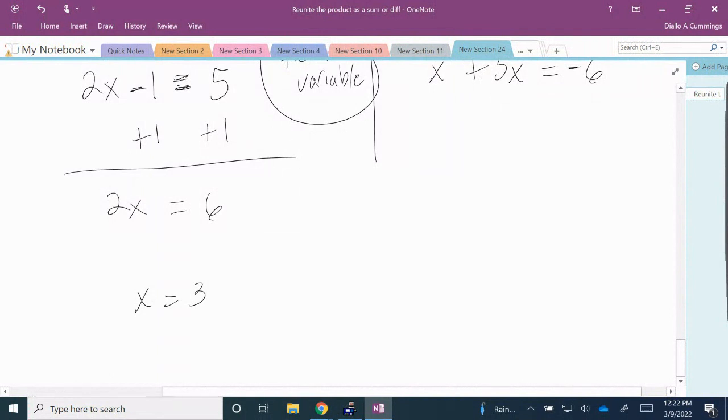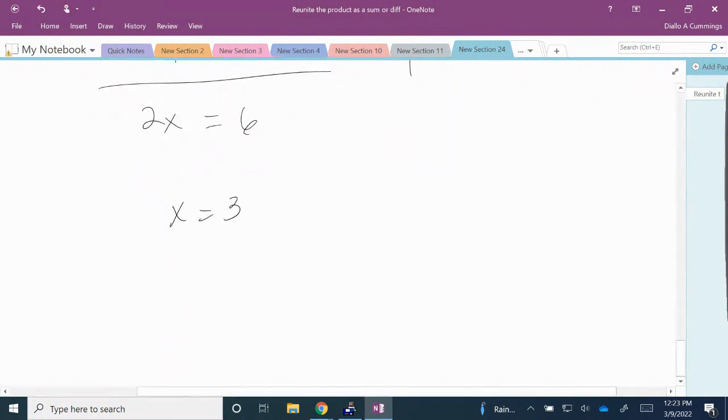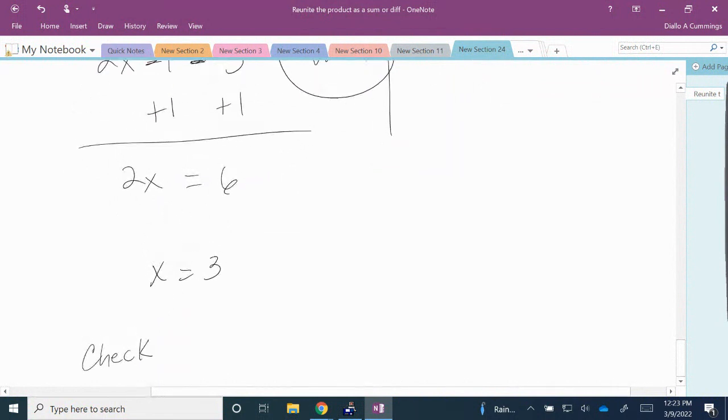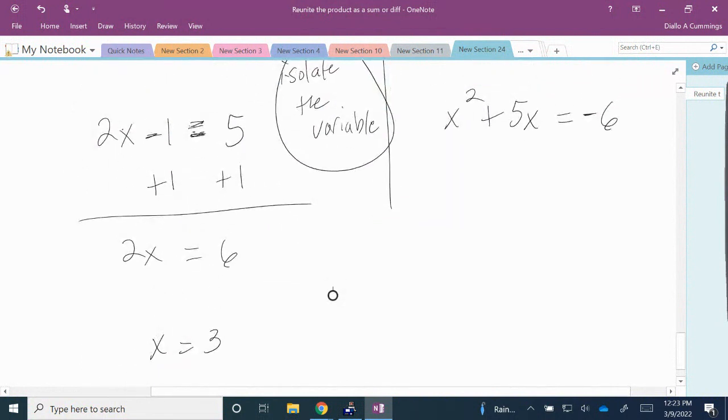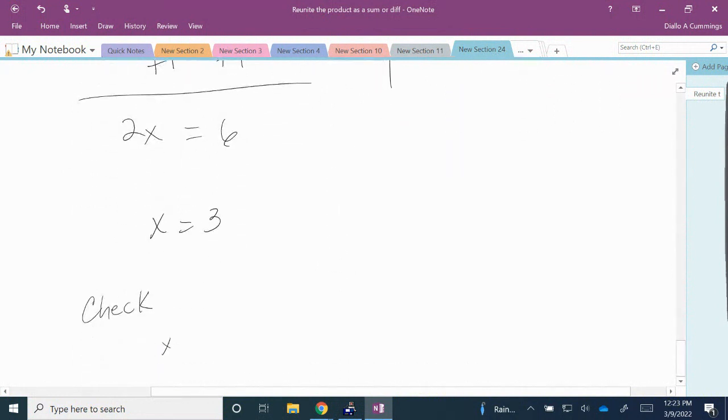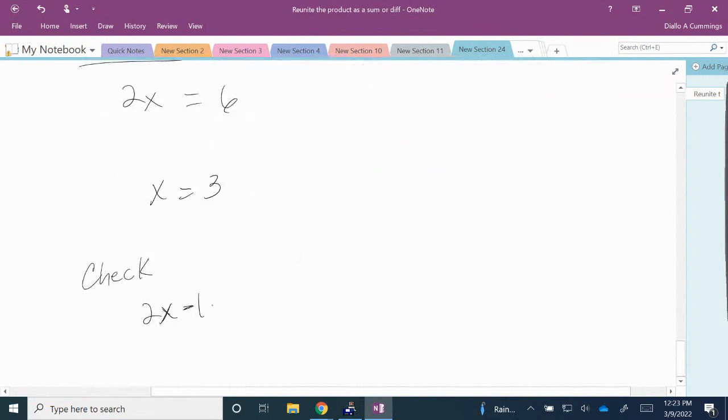Now I can check my solution. In order to check, and this is true of trig functions, you go back to your original problem. 2x minus 1 is equal to 5, and we're going to substitute the 3 for x.